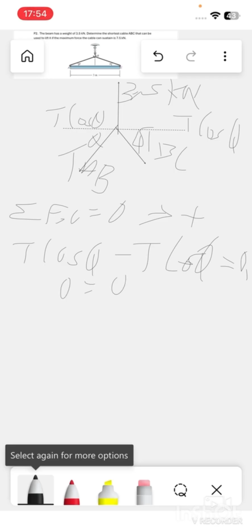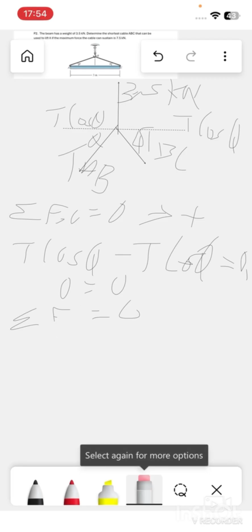Fine. Therefore, let's go to the summation of the vertical forces, which is equal to 0. This is y, guys. Let me fix it. This is y. I hope you can see it.